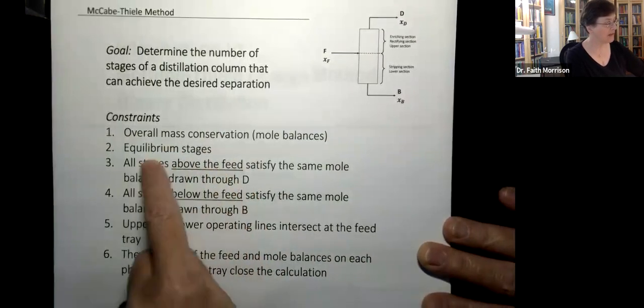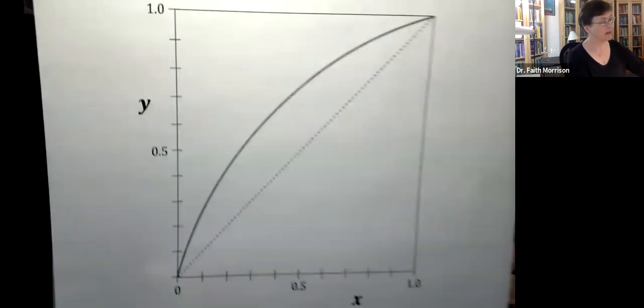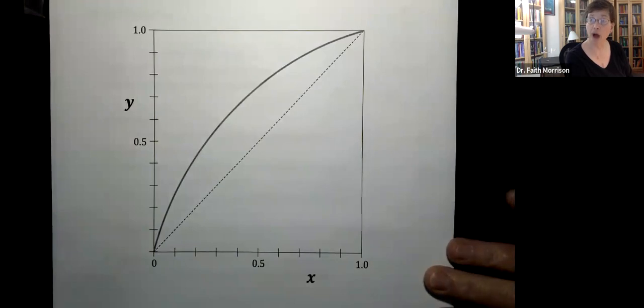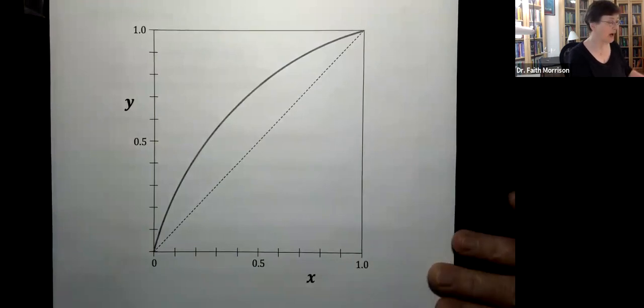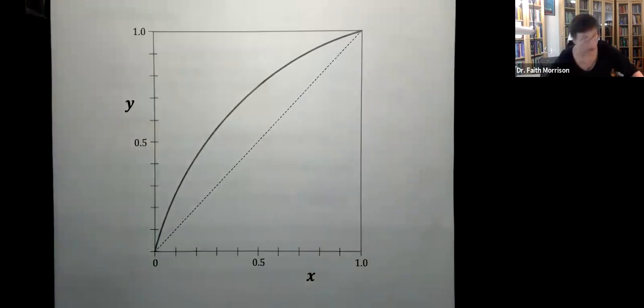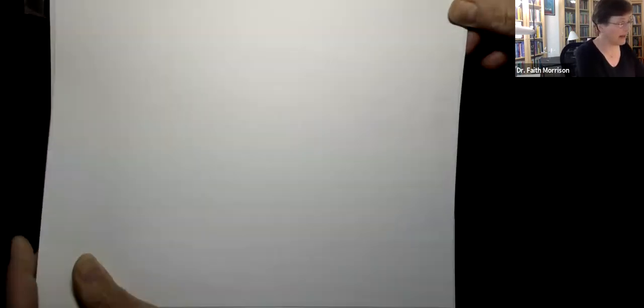We're going to assume that all the stages are equilibrium stages. And so equilibrium stages mean that we can go to the literature and get the physical property data for the material that we're dealing with and find out what kind of liquid vapor equilibrium that material actually exhibits.